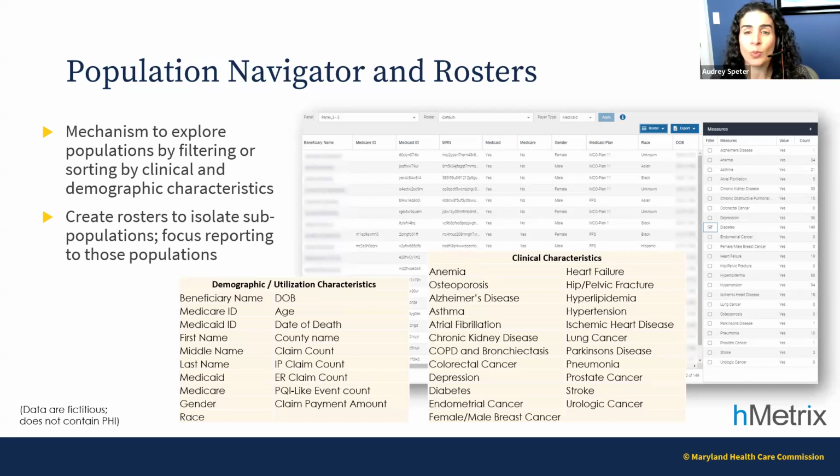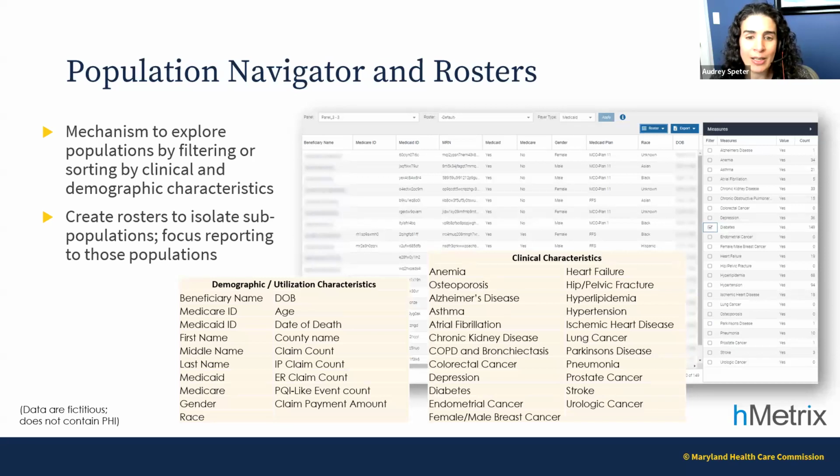It is a mechanism where you're able to see all of the patients of interest to you, or all of the patients that you load in a panel, and be able to select them or customize a subpopulation based on demographics of interest, either clinical or demographic or even utilization.